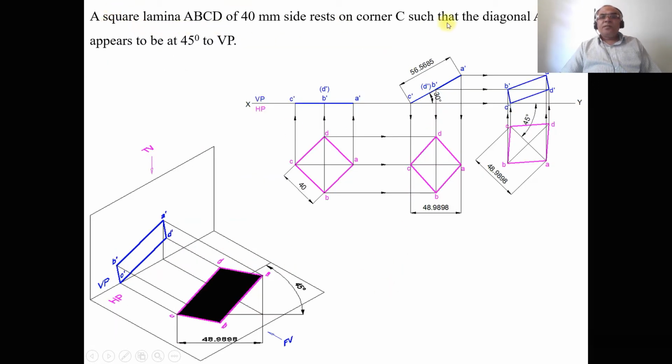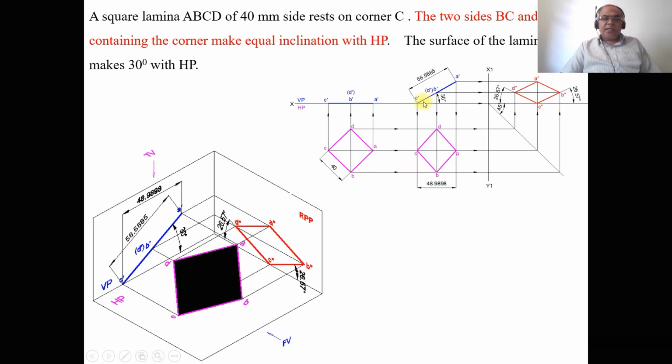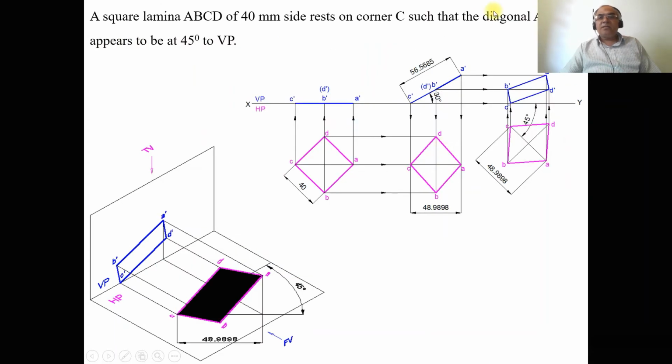Now, the diagonal AC appears to be inclined. Since it appears, he has given the apparent inclination. As the surface becomes inclined to HP, the diagonal containing the corner also becomes inclined with respect to HP at 30 degrees. So automatically it becomes an apparent length, and the inclination given is also an apparent inclination.